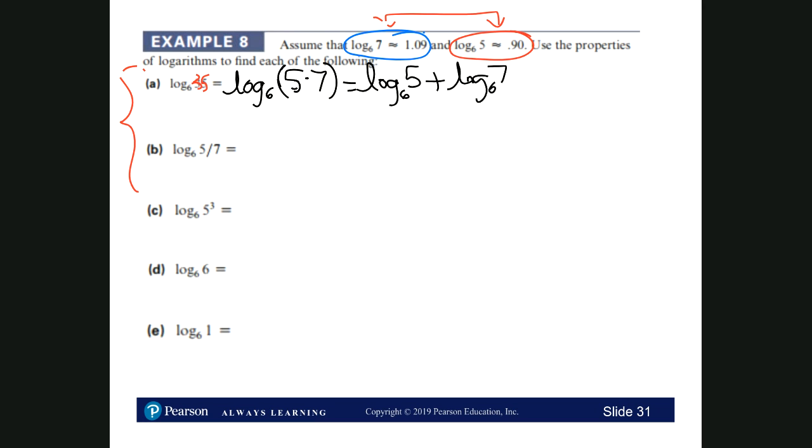Now, since the log of 5 base 6, we have the value here is 0.90, I'm going to substitute that with 0.90.